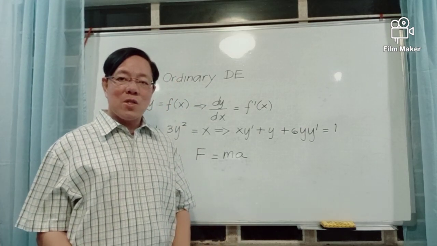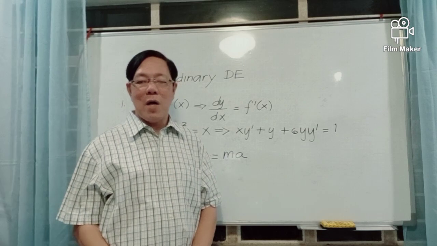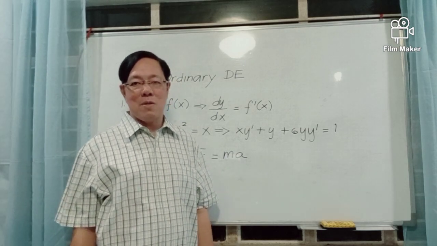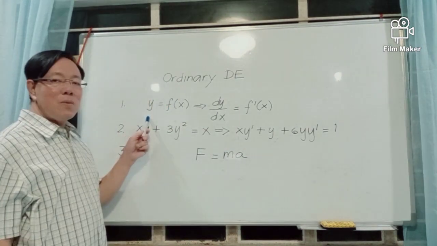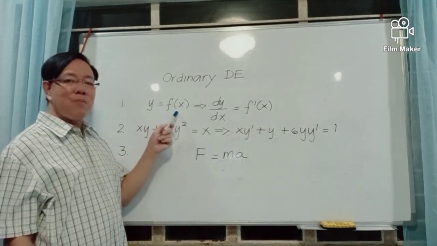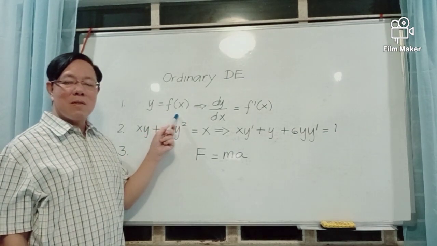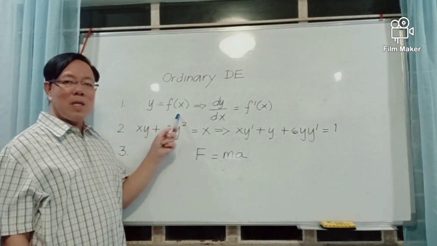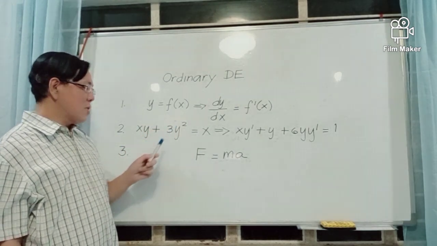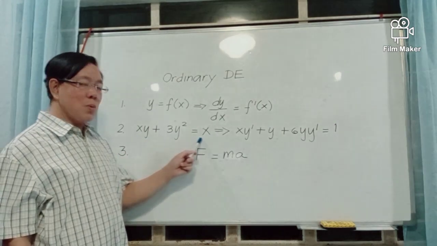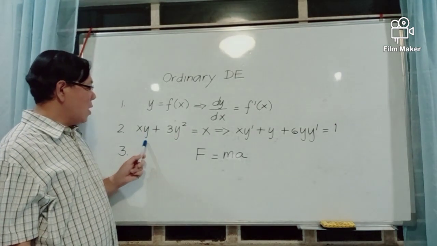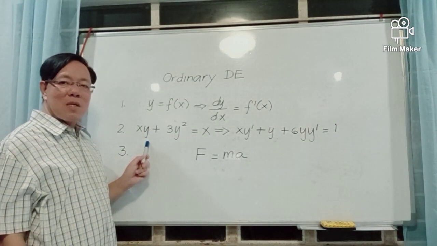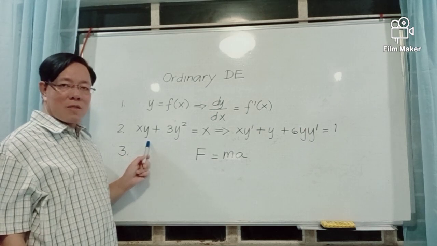To answer the question earlier, when do we have an ordinary differential equation? In number 1, y is a function of a single independent variable. Y is a function of only one independent variable. Similarly, in equation 2, y is a function of a single variable, x.